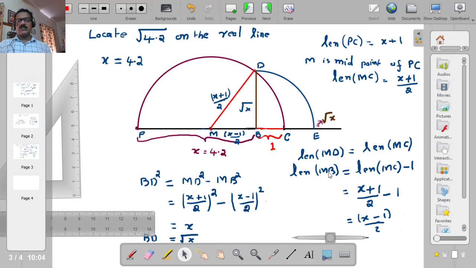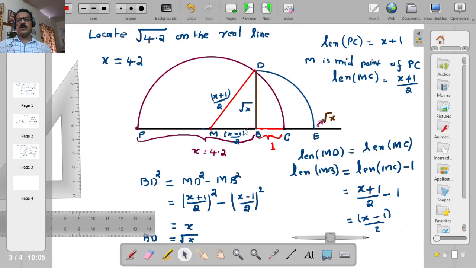So what will be length of MB? Length of MB is equal to length of MC minus length of BC. Length of BC is 1 unit. This is the extension part, which has 1 unit only.